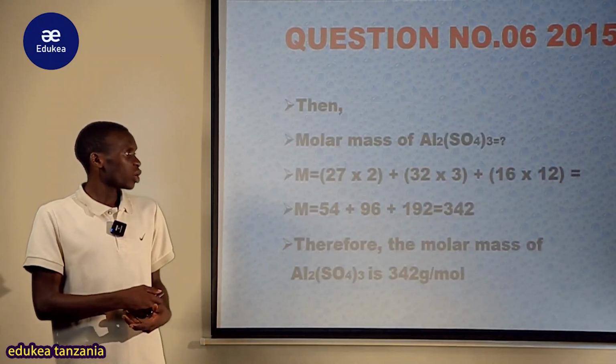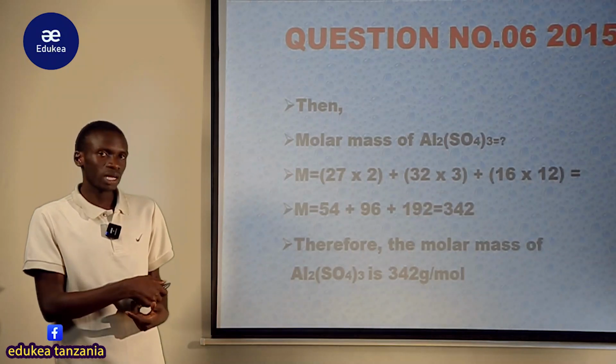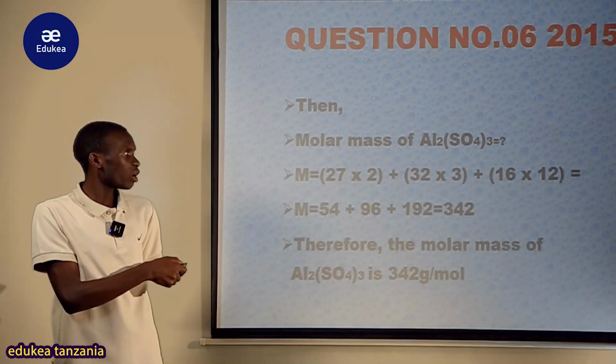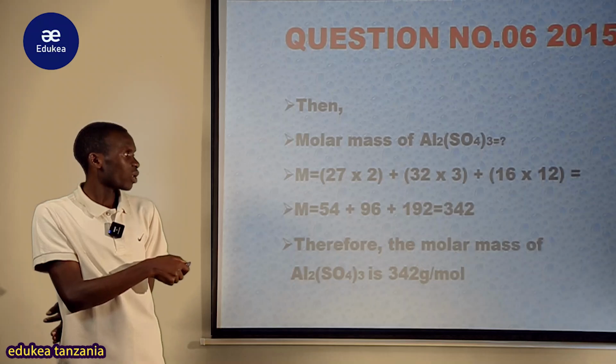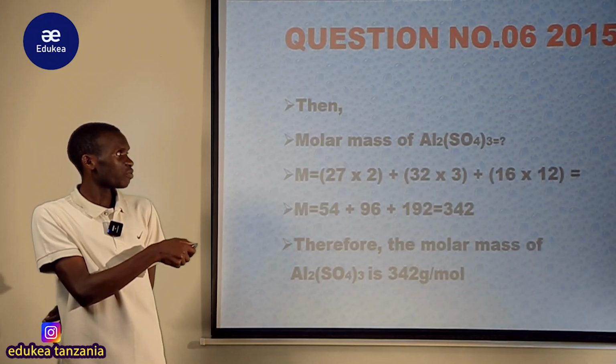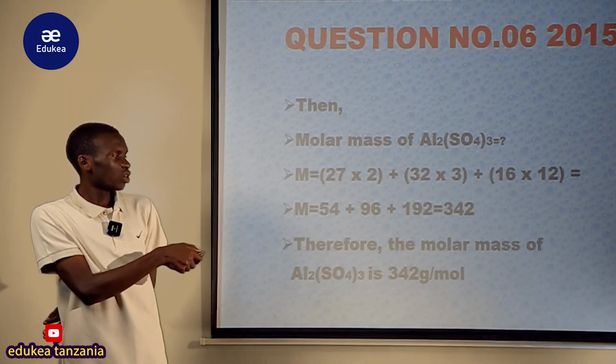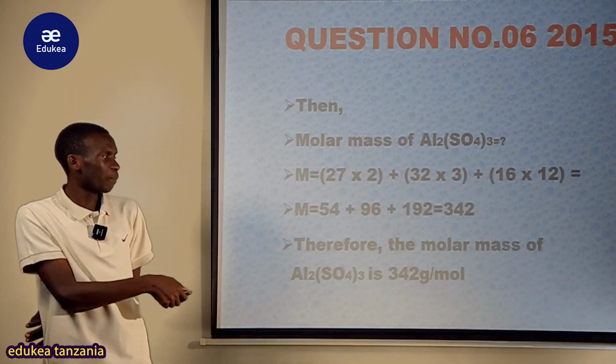And after then, to get the molecular mass of the compound, take the sum of the molecular mass. There are 2 aluminium, so 27 times 2 plus, there are 3 sulfur, 32 times 3 plus 12 oxygen. Atomic mass oxygen ni 16 mara 12.